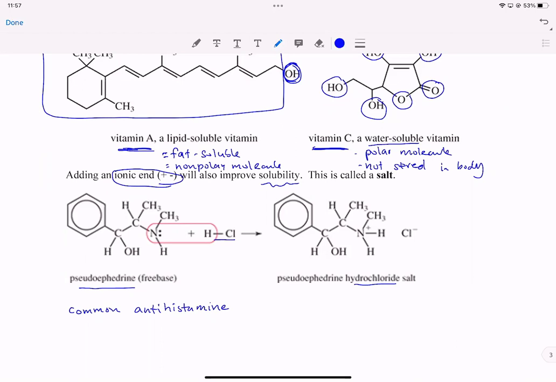And so this is where there's the ionic end. So the ionic end is a positive charge and a negative charge. And it's because of this reaction that the actual end result drug is pseudoephedrine hydrochloride, which is what you see on the label. Okay, and so all of this part here makes it nonpolar, but adding the ionic end makes it polar or attracted to water.